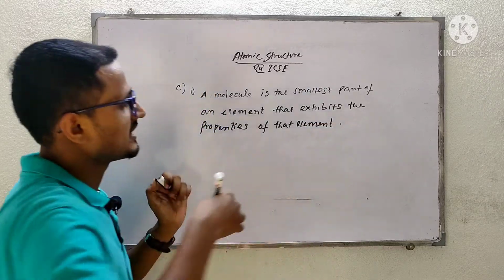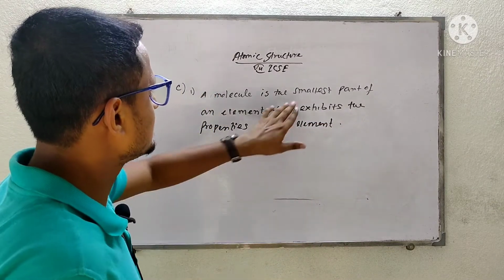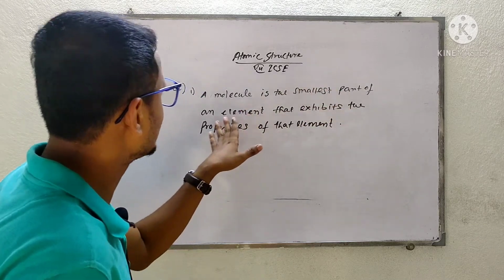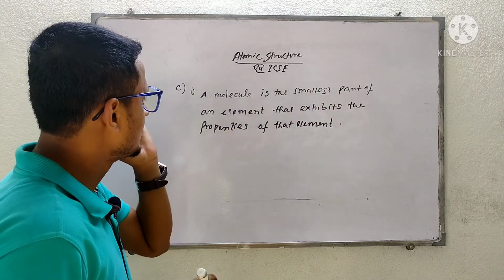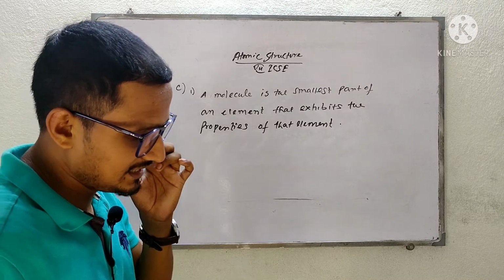So this statement is correct or wrong? A molecule is the smallest part of an element that exhibits the properties of the element.